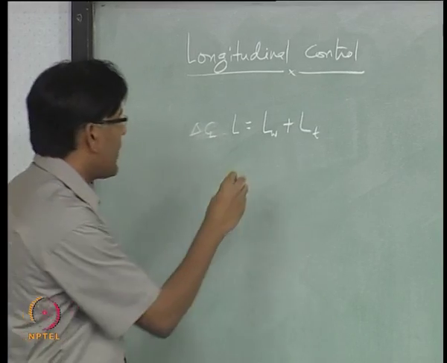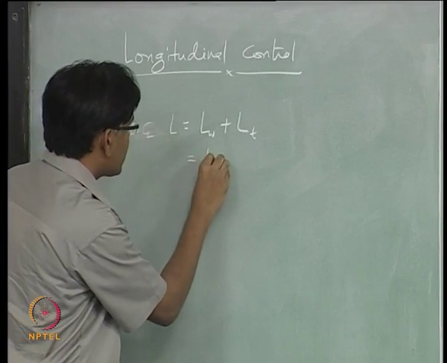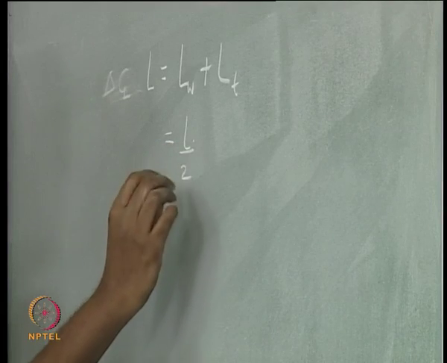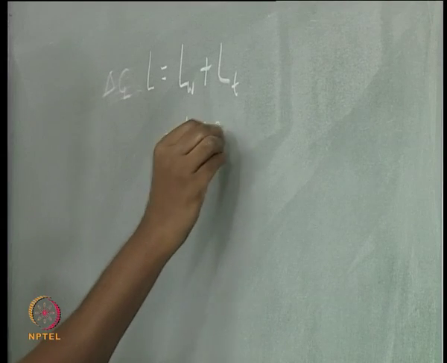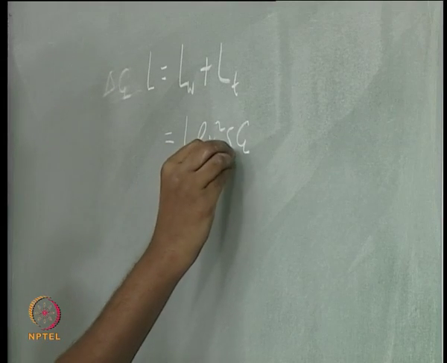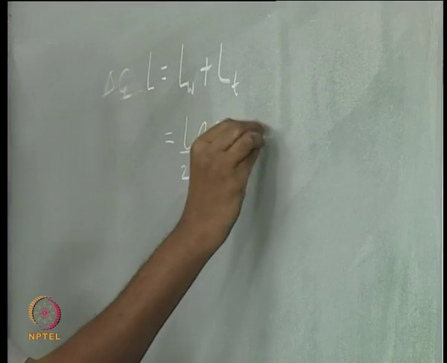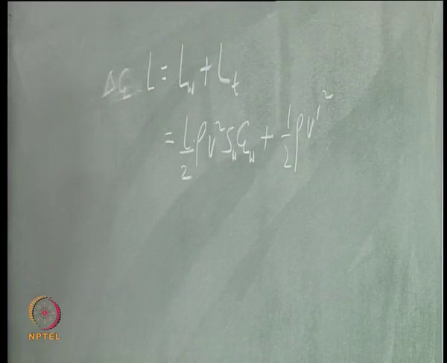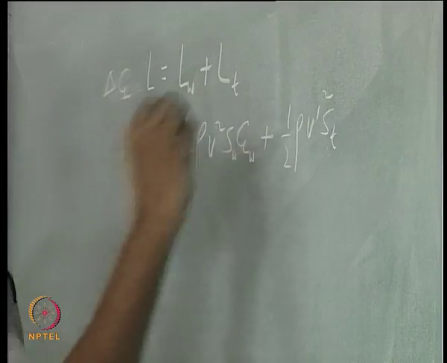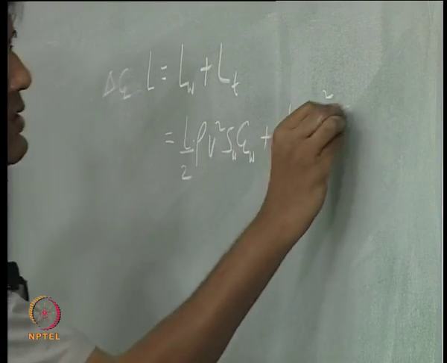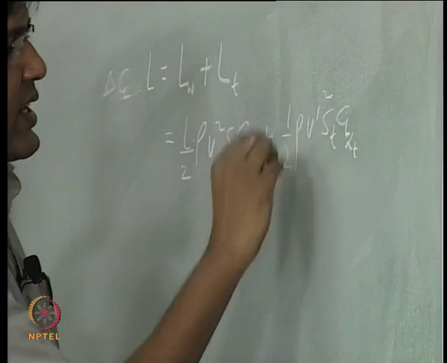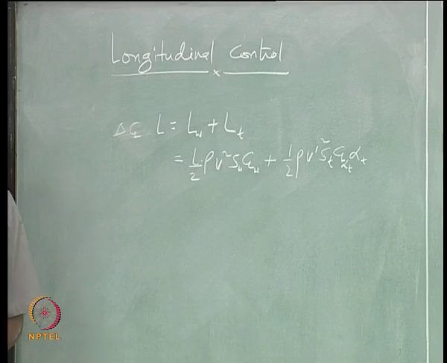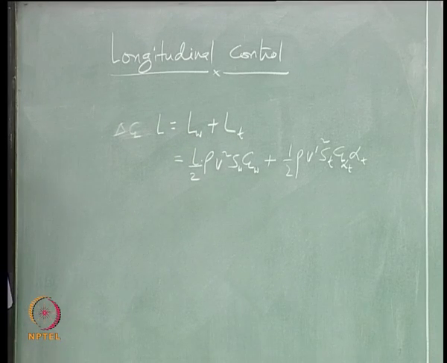right, and this is half rho V squared S plus CL alpha tail into alpha tail, right.